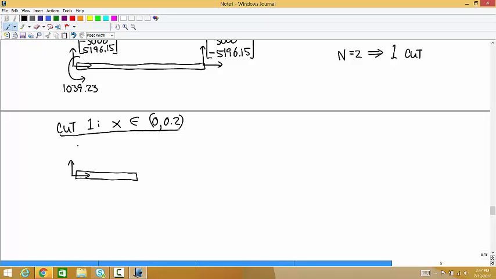So on the left end, we have the force of negative 3,000, positive 5196.15. A couple of 1,039.23. And then the internal loads, P, V, and M. I left off the torque because there isn't anything happening about the x-axis in this problem.